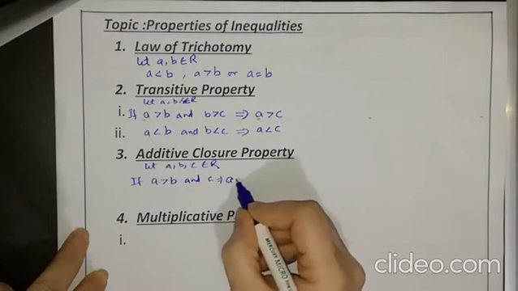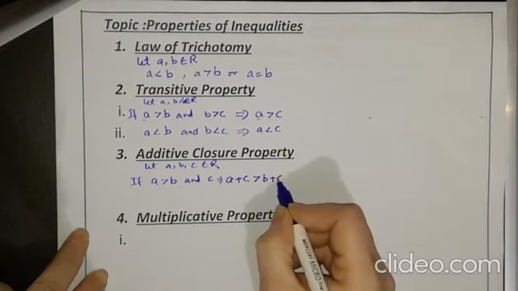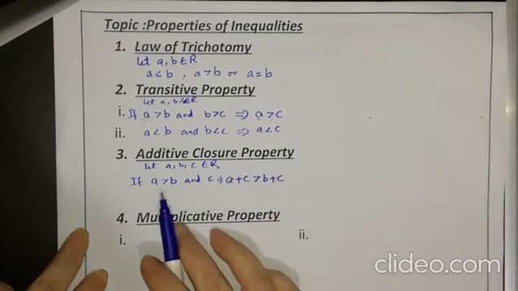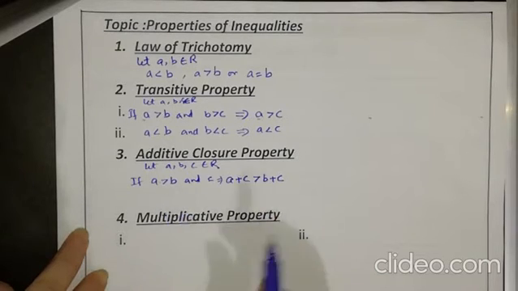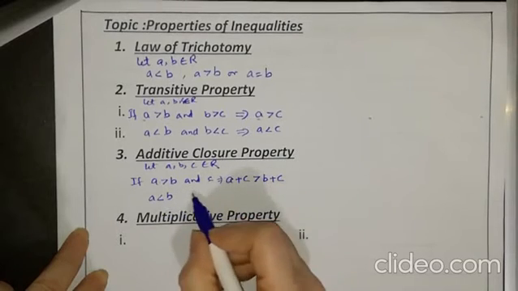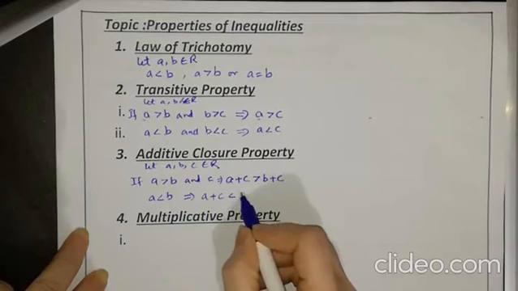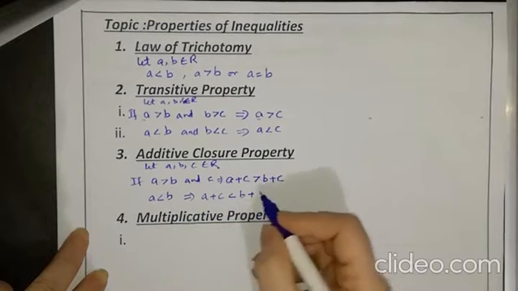This implies that A plus C is greater than B plus C. It means that when you have A greater than B, you can add any number to both sides, and the same holds if A is smaller than B, with no change in the inequality.